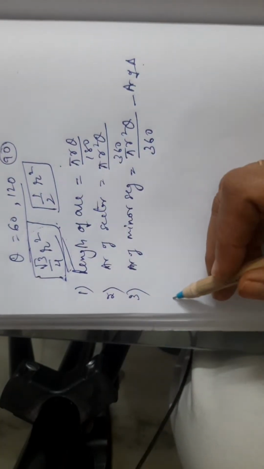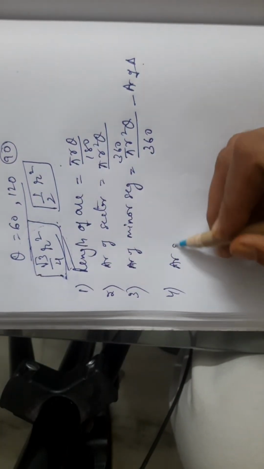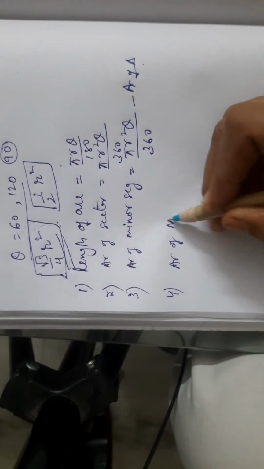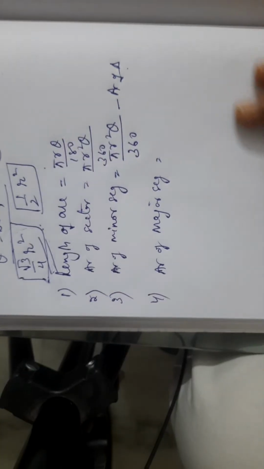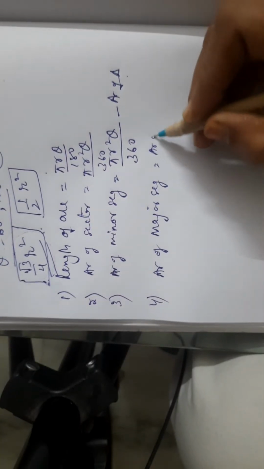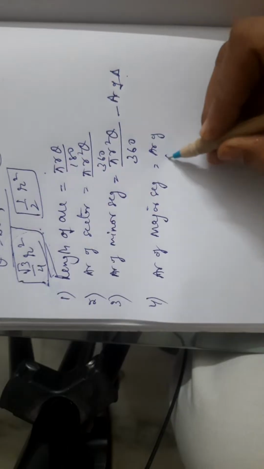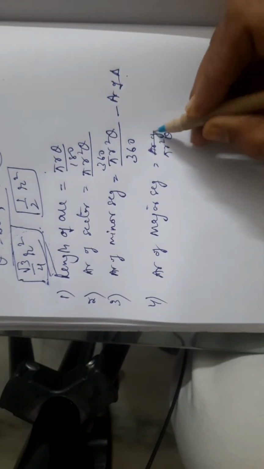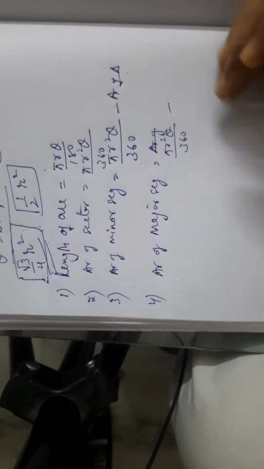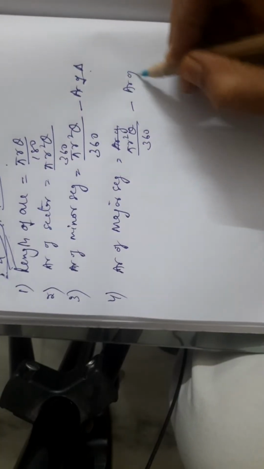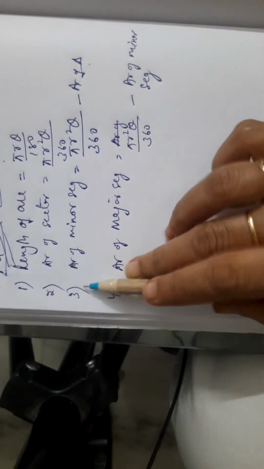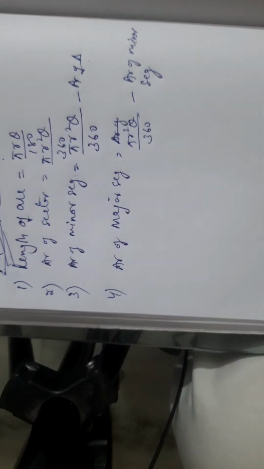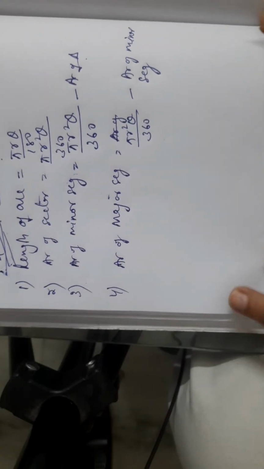And if they ask to find the area of the major segment, it's the area of the sector, that is pi r square theta upon 360, minus the area of the minor segment. Whatever the minor segment we calculate, we need to subtract that out. So these are the basic formulas which we have in this chapter.